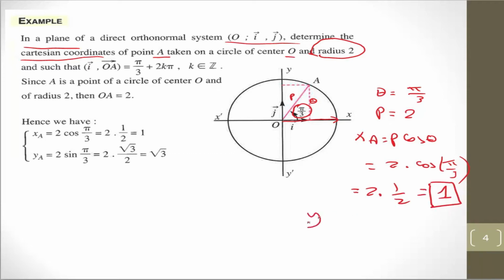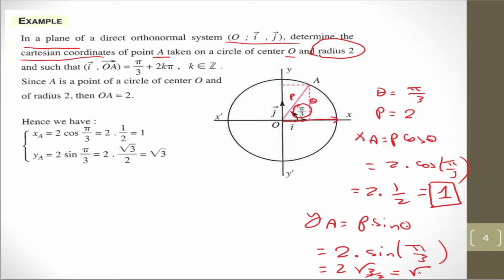And y theta, or y_A, equal p sine theta, which is p times sine theta. P is the radius, and sine theta, which is sine pi over 3, is radical 3 over 2. 2 times radical 3 over 2 equals radical 3.